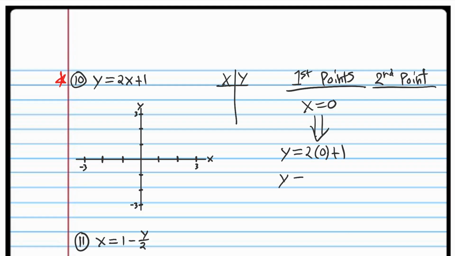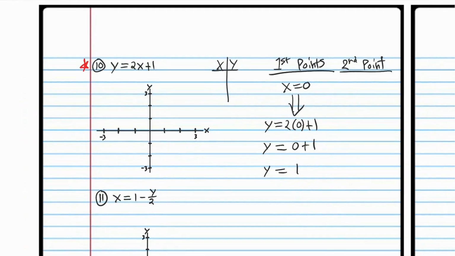So 2 times 0 is 0. And then 0 plus 1 is 1. So if x equals 0, then y must be 1. So the point is 0, 1.